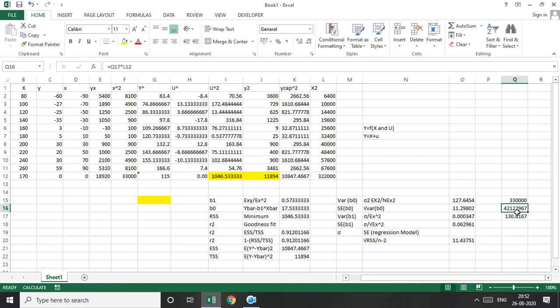So far we have checked the goodness of fit and the precision or accuracy of the parameters. Now we have to do hypothesis testing about the slope parameters. Individually and jointly we can test the hypothesis.